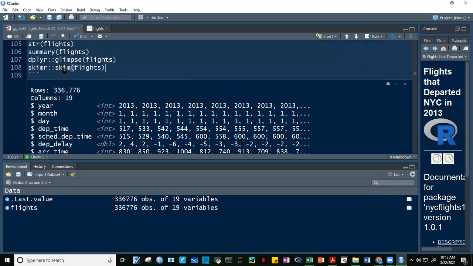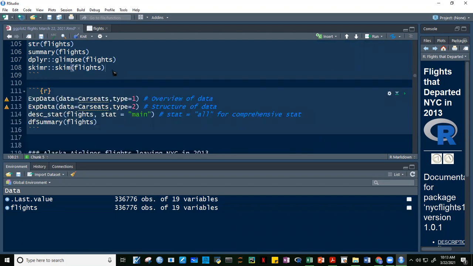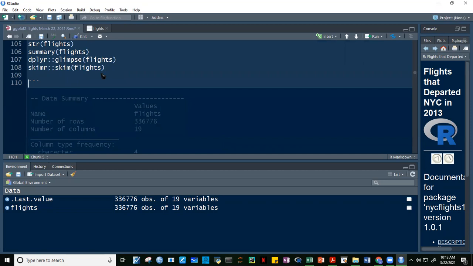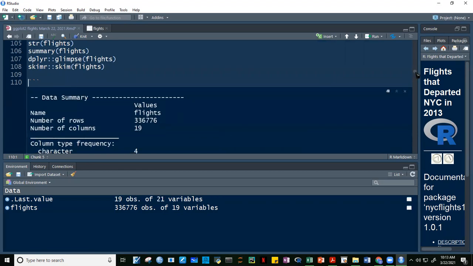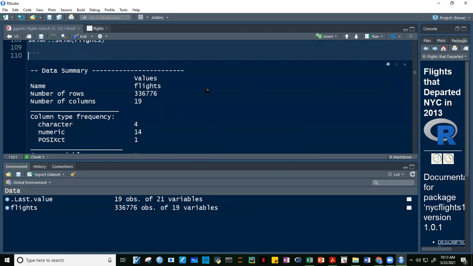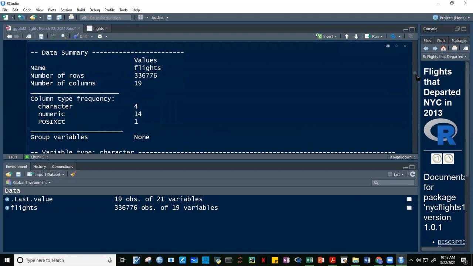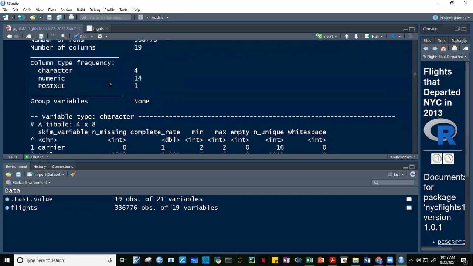Now, this skim function, guys, I like this because it gives us the descriptive statistics. If you run this, there. It's a good way to summarize. So the name is flights, number of rows, number of columns. Then the column type frequency: four variables here are character, 14 numeric, and one is POSIX, a time series.